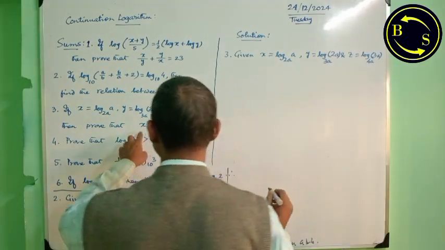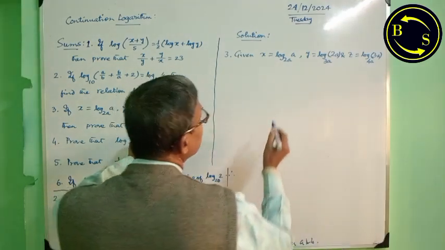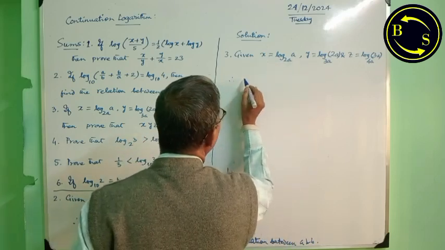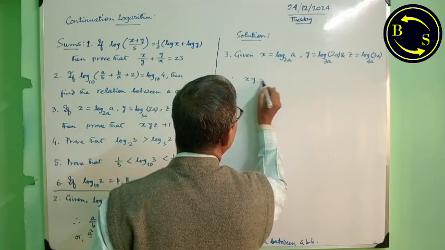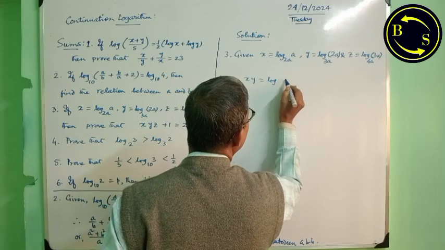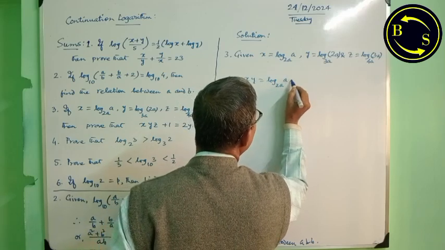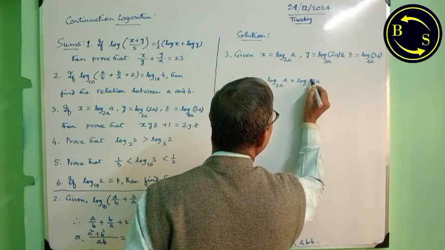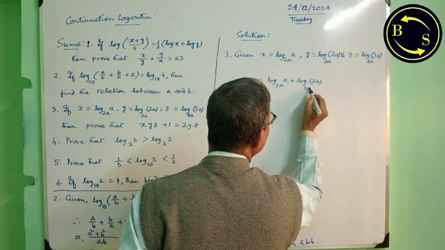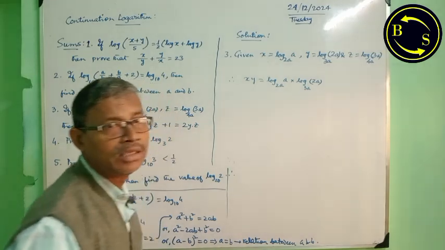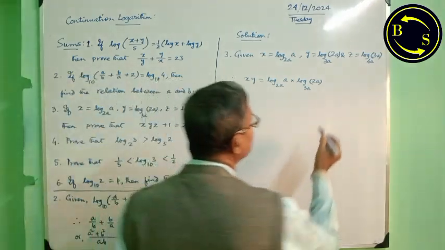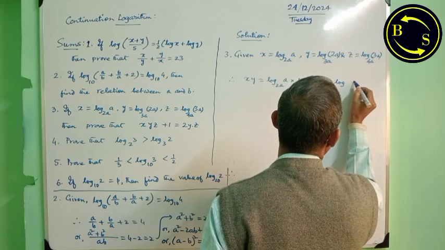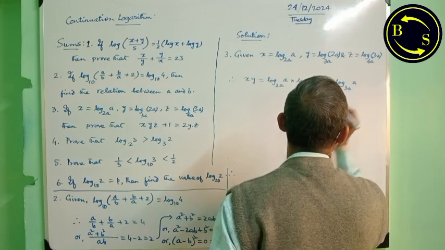Sometimes that may be confusing, that is why use brackets. Now x, y, z: first of all we follow xy. Therefore, xy will be equal to log of a to the base 2a into log of 2a to the base 3a. Now we use the base changing formula, which will be equal to log of a to the base 3a.